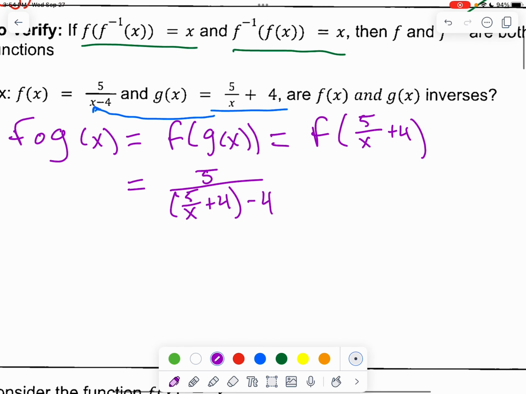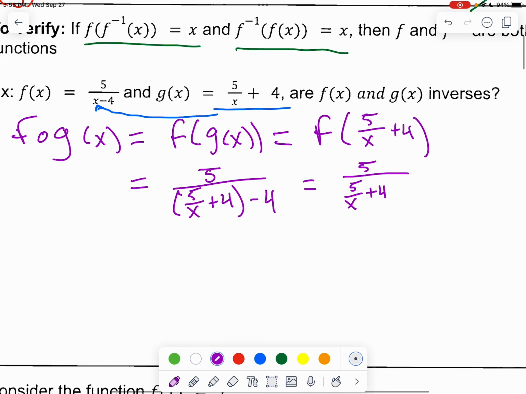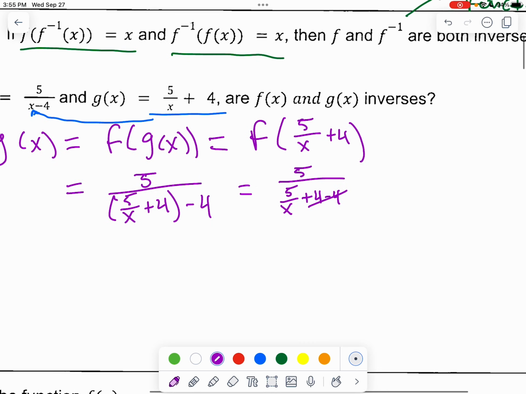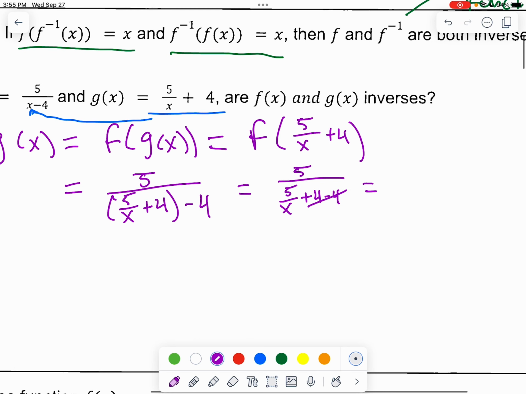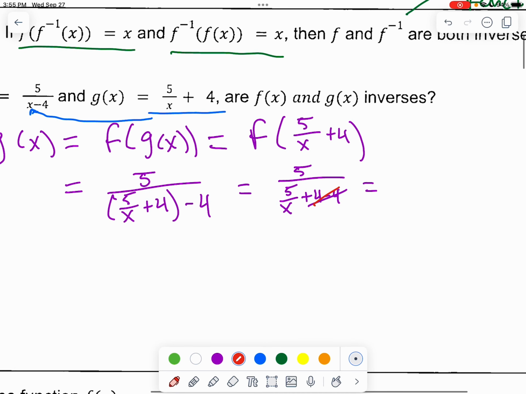All I did was take the 5x plus 4 and plug it into the x in the f of x function. When I do that, you end up with 5, and then you get 5 over x plus 4, minus 4, which are going to cancel out and obviously become 0. So I'm crossing those out because those are gone.